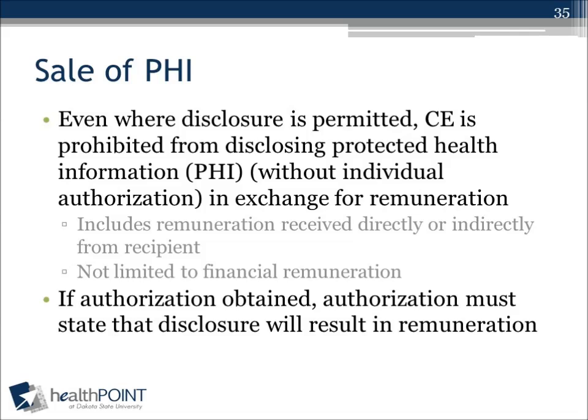So make sure that if you are selling PHI, and this may be that you're selling PHI to a company for them to do any type of business process such as marketing or some type of research, anything like that, you must get prior authorization from each individual.